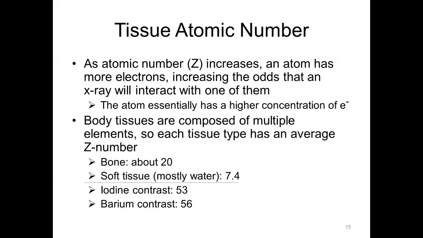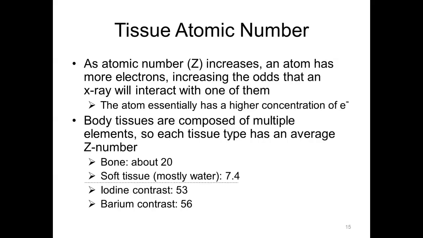Calcium and all the other minerals involved in bone give you an average atomic number of about 20. Soft tissue is mostly water, so that has an atomic number of 7.4. Compare that to our big contrast agents, iodine and barium. Iodine has an atomic number of 53. Barium has an atomic number of 56.